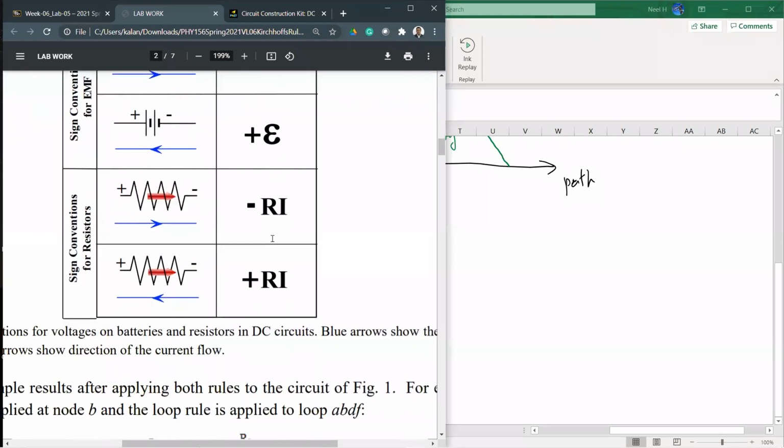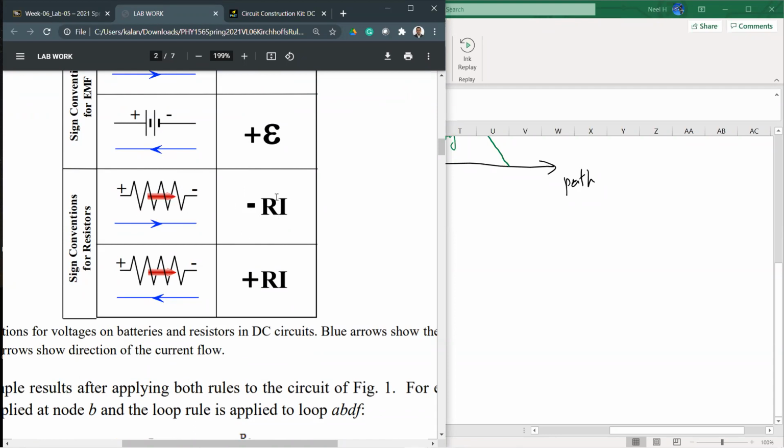And if I go through a resistor, you have to look at two things. The blue line is the loop direction, where we are moving from one end to another, and the red arrow is the current direction, okay? If both are the same, the resistor voltage is negative because you go from the positive side to the negative side, so the final is lower voltage, okay?